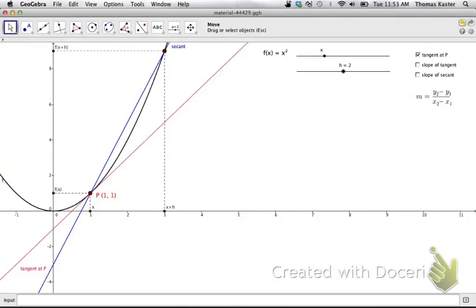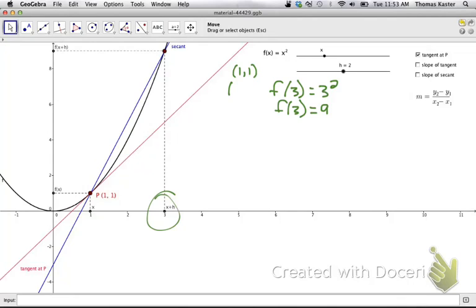But let's look at the slope of the secant line because I want to show you where a couple things come from. If we were to find the slope of this secant line, our first point is (1, 1), and our second point, well, we're saying down here that x is going to be 3, so f of 3 is going to equal 3 squared, so f of 3 is going to be 9.